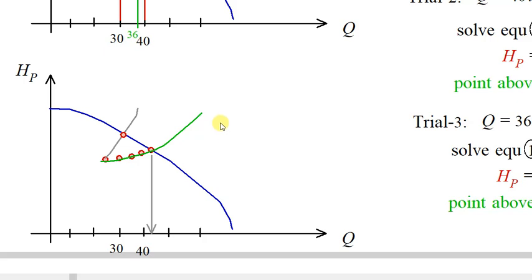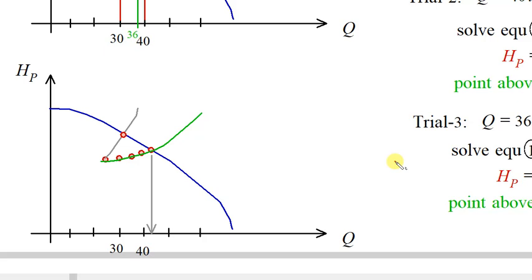Some students say, why not assume HP, the head of the pump, and then solve for Q in the question. Actually it can be done somehow, but we don't do it.